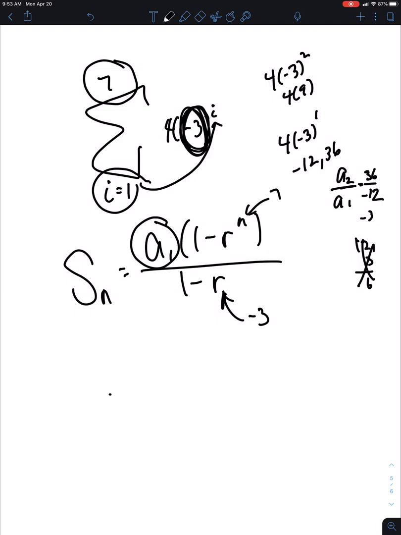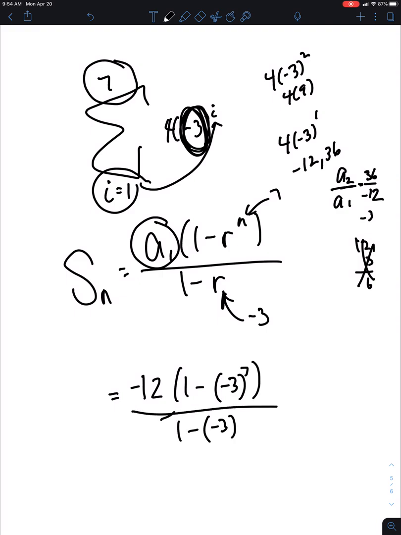So you would have A1, which is -12, times 1 minus -3 to the 7th over 1 minus -3. Again, put that in your calculator. I don't have a calculator in front of me. If you want to know the answer to this, let me know.